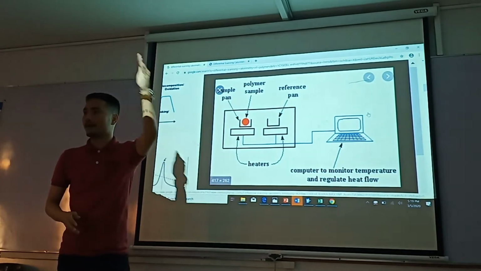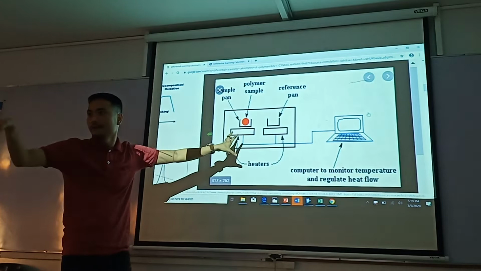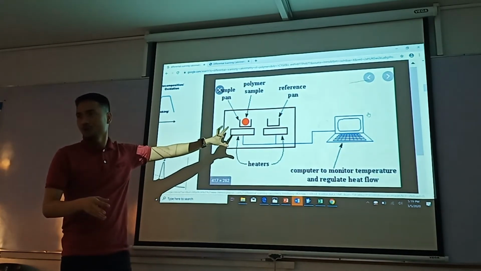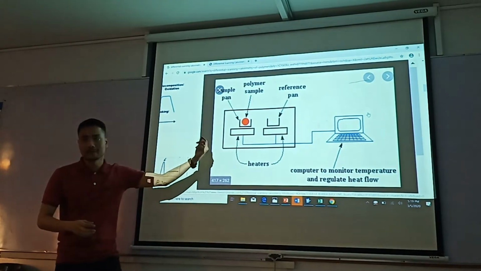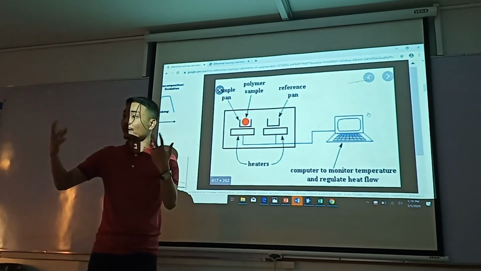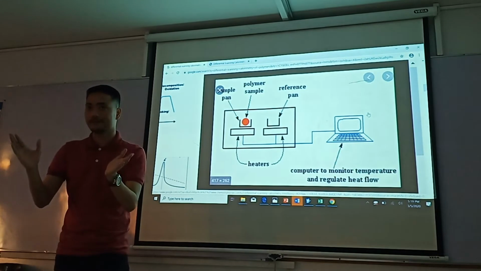So that you will have the curve. Okay? So, okay, let's fortify that notion. Let's go to our DSC curve. So, did you get that? The difference in heat absorption or heat release will be recorded, and it will transpire as a curve. Okay?